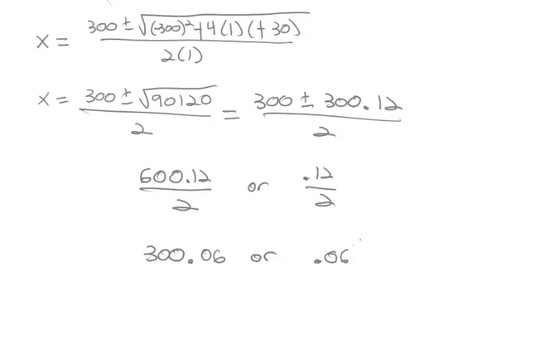We're probably not interested as a company in making 0 items or 0.06 items. So as a company, we want to shoot to make an average of 300 items. When we make 300 items, our average cost per item is as low as it possibly can be. That is how we find the minimum average cost.